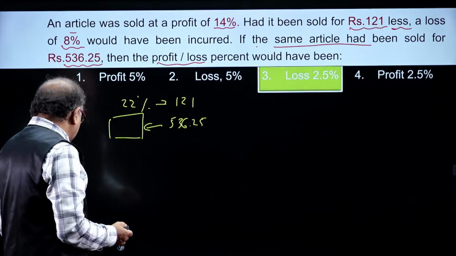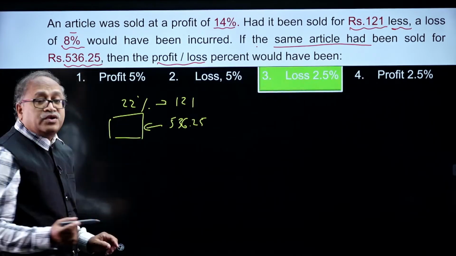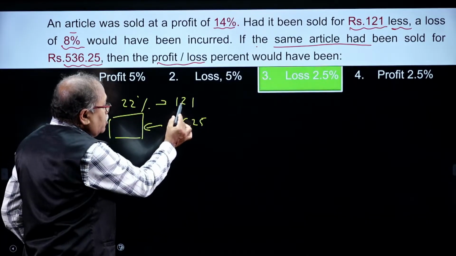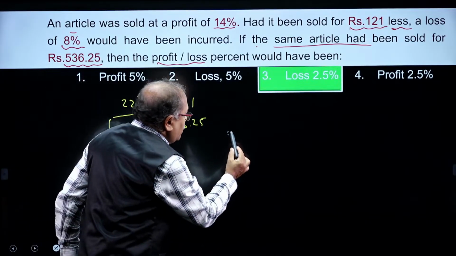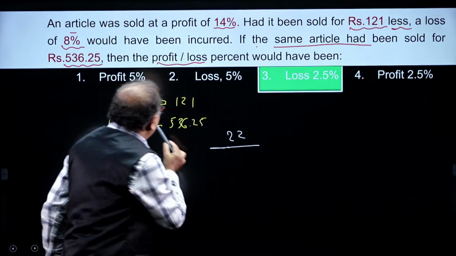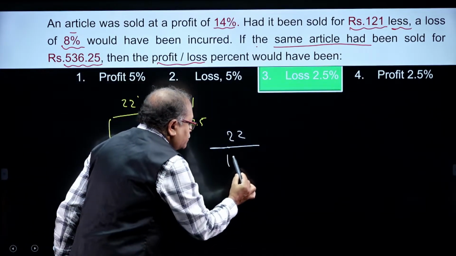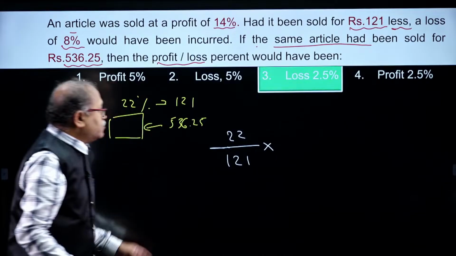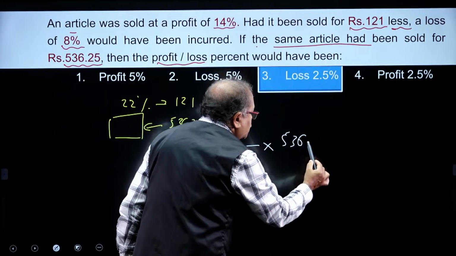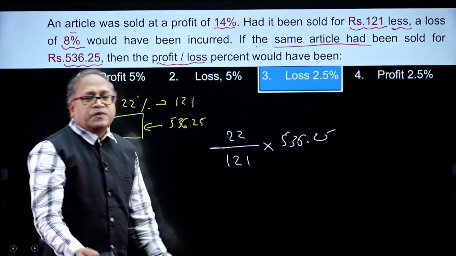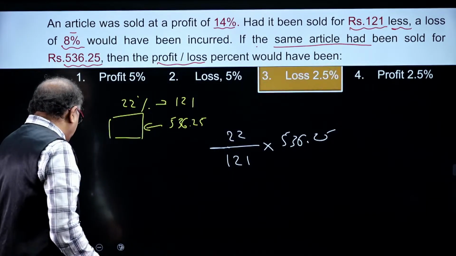So, how am I going to write the equation here? I already know that 22% is 121. What is my requirement? 536.25. The rest part you know better than me, probably.